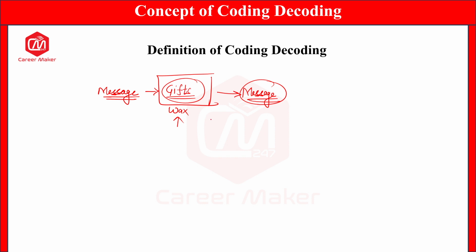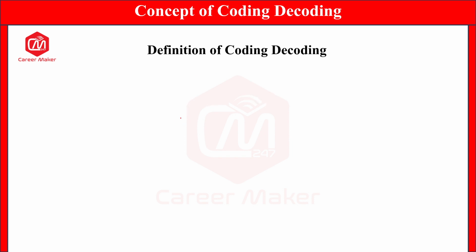So this messenger was successfully able to send the message from one place to another. That was the era from where we are using coding and decoding. Now coding and decoding is a bit different, but the main reason behind this process is the same: to secure the message.